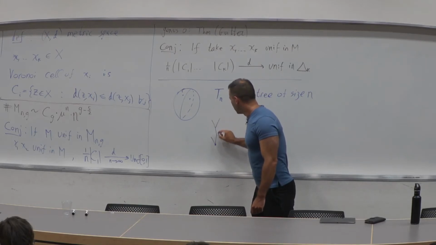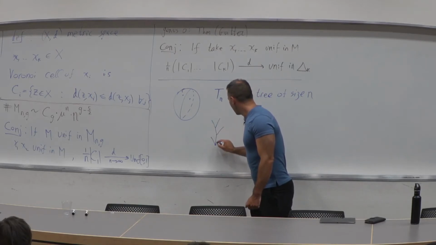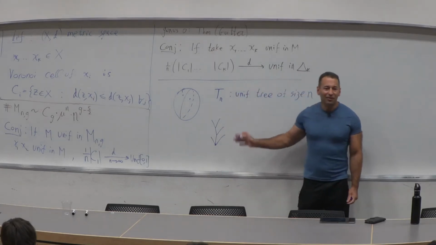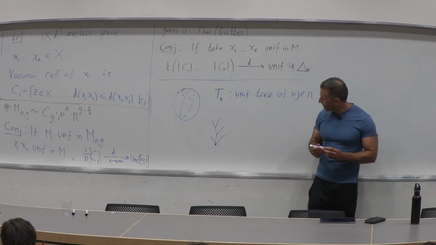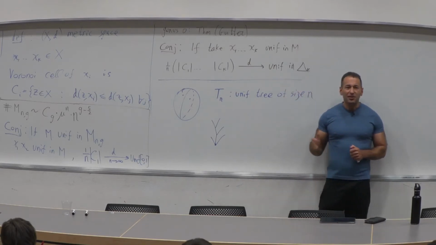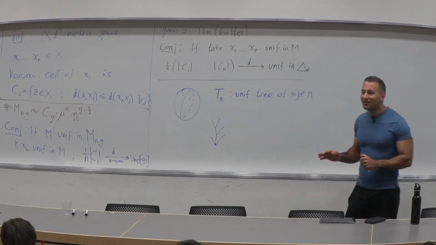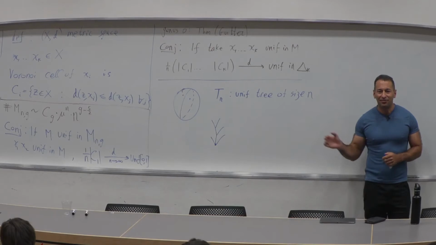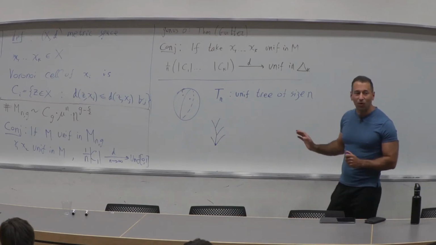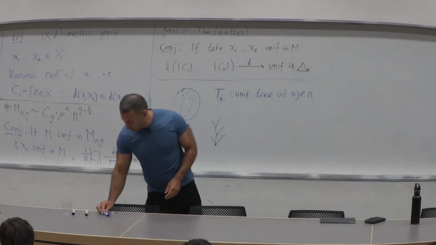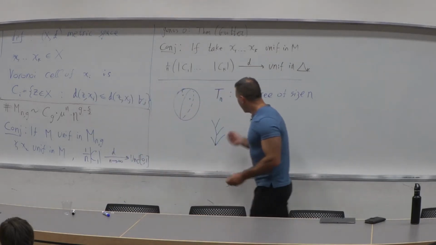It doesn't have to be a bipartite tree. You can have any degrees, but you have a tree of size n. We can also treat this as a metric space. I'm going to discuss this kind of tree, but as we will see, it doesn't really matter what kind of tree you take. Any reasonable tree will do.